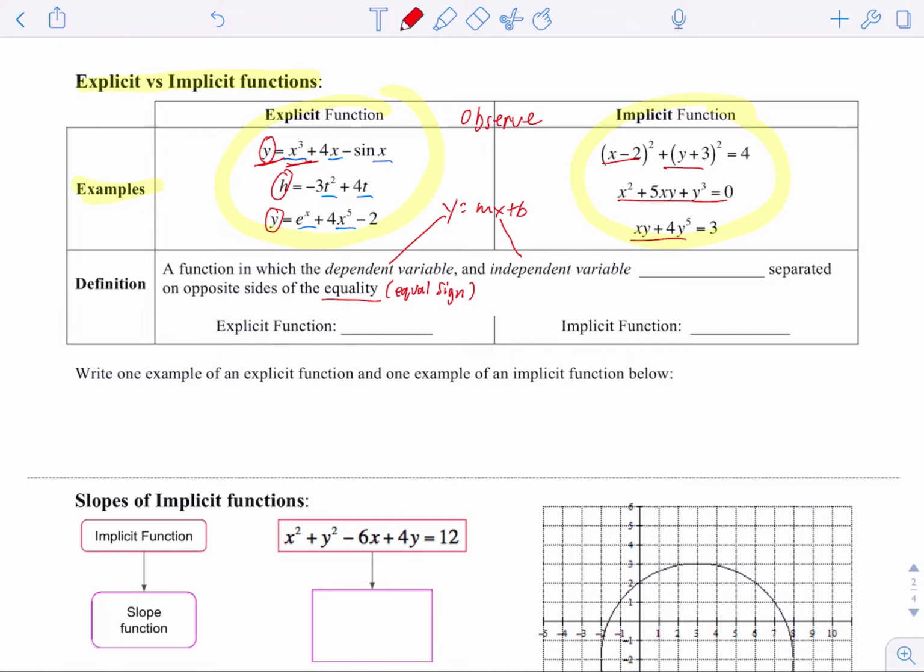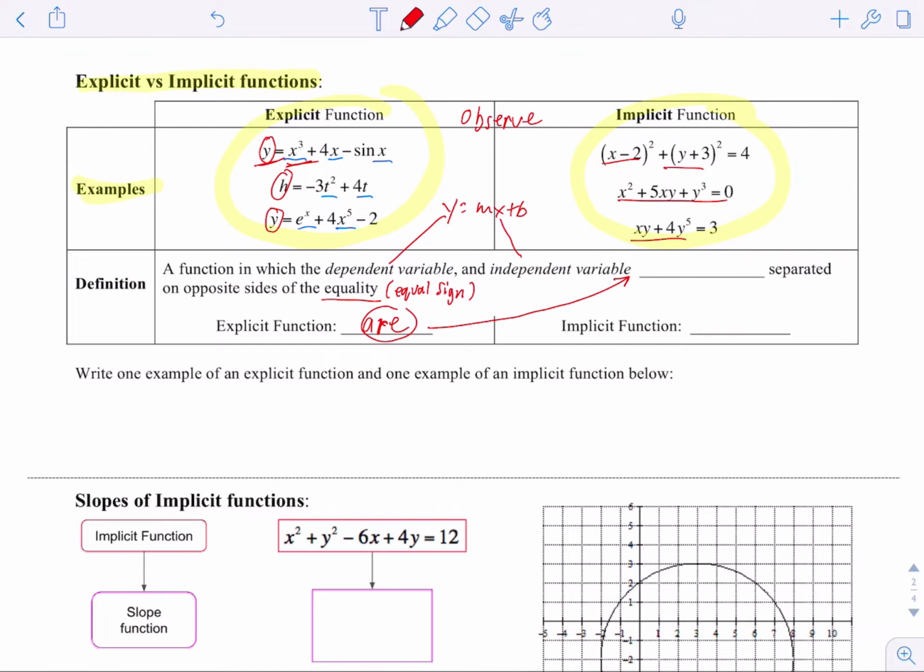So the definition for an explicit function is a function in which the dependent variable and independent variable are separated, on opposite sides.